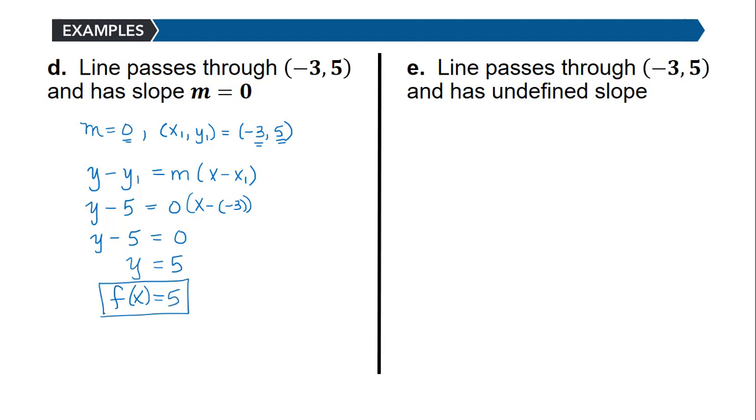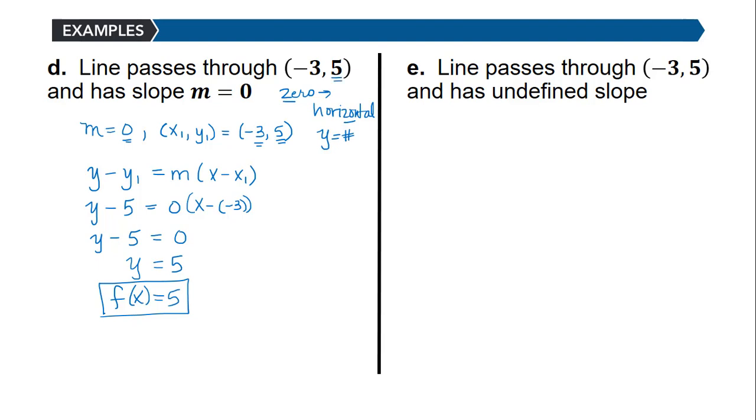Now, could we have known that just by observation? And we could. Remember that when the slope is 0, that corresponds to a horizontal line. A horizontal line is always of the form y equals some number, and it's always the y value of the point.